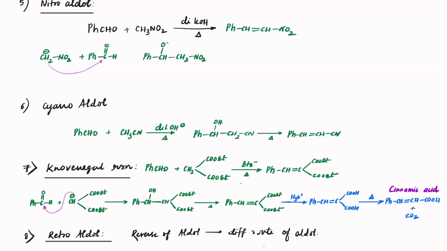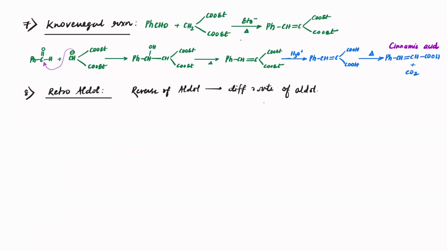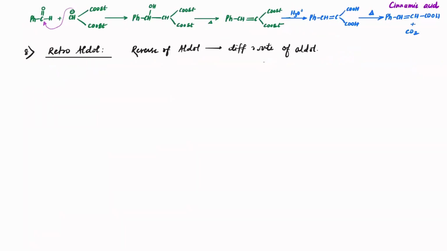Next one, retroaldol. Retroaldol means you already have an aldol, but on adding it to basic medium, the reaction goes to some new aldol form, right? For example, check out here. If I have given you this aldol, with C=O and ethyl, this is an aldol. But on reacting with dilute OH minus, it is going to some new aldol here.